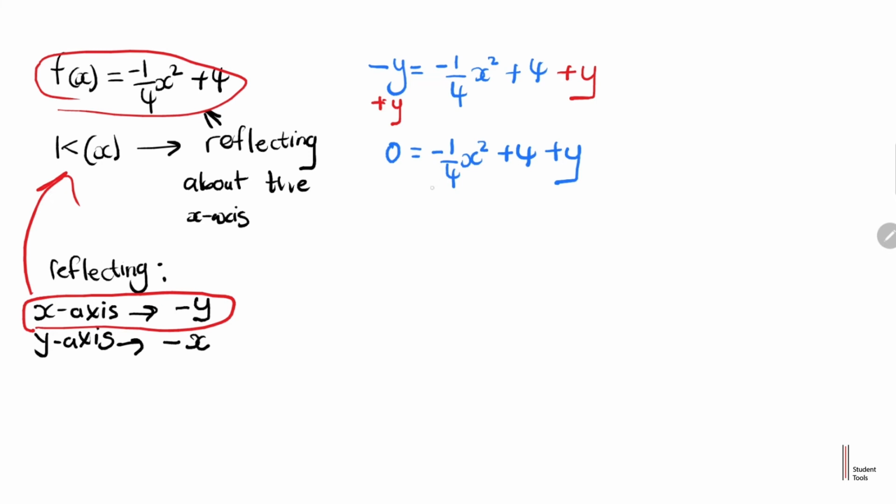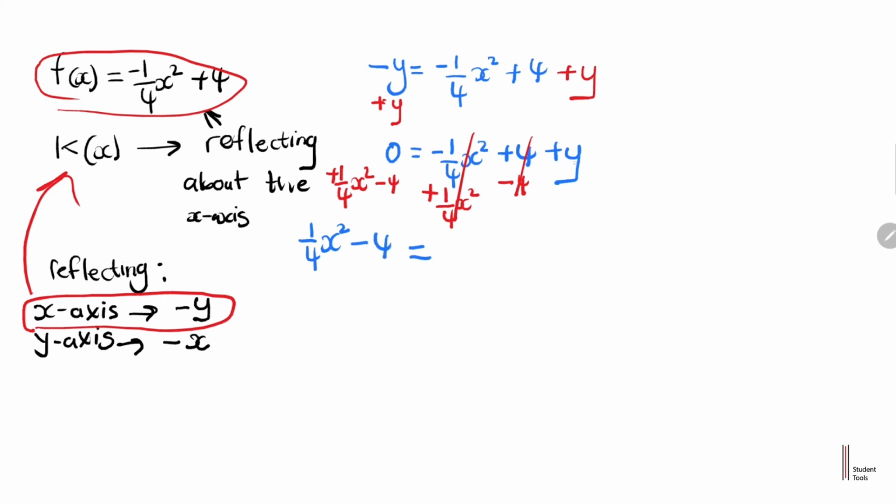And now we want to take this from the right hand side to the left hand side. So how are we going to do that? We will add this 1 over 4x squared and subtract this 4. So this is what we will do also on the left hand side. So we will add 1 over 4x squared and subtract this 4, such that this will cancel this to a 0. So here we will have this positive 1 over 4x squared, and here we have minus 4.